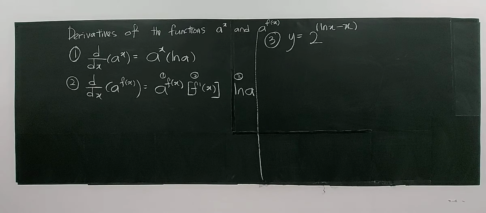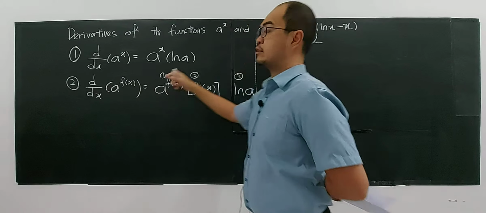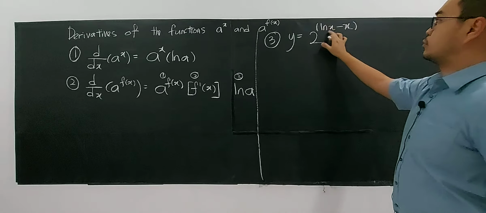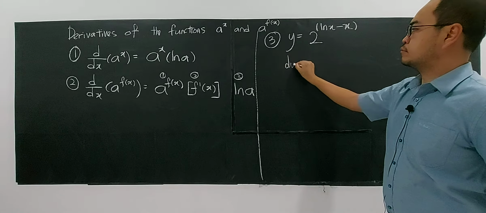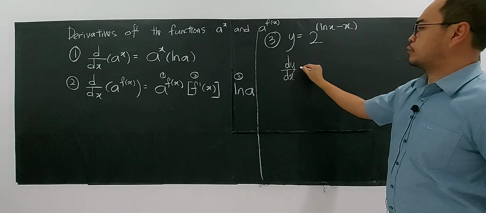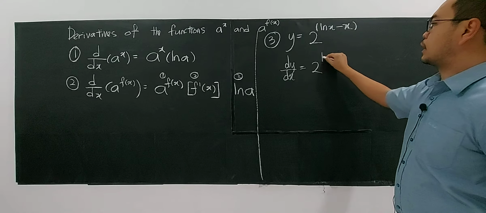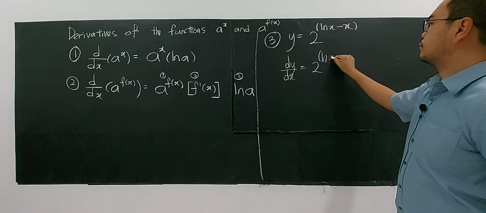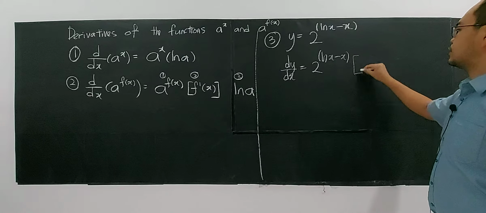Alright, it's the same thing. We are going to apply this formula because there is a function f(x), with ln x and x. So easy, it's the same thing. Just need to apply the correct rule. Copy back this whole thing, and differentiate the power.